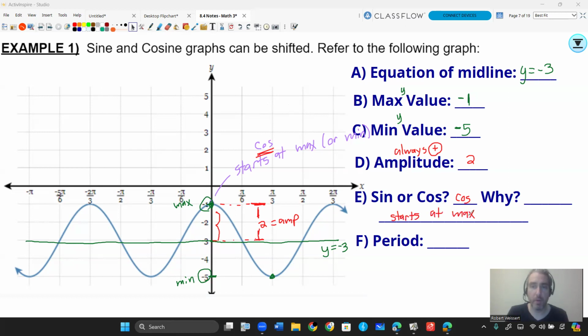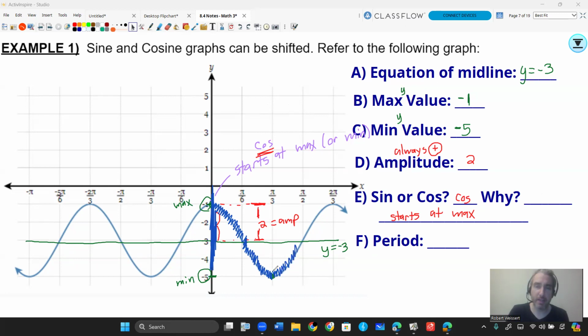Now let's figure out what that period is. So the period can change too. And how that changes is basically what number is going to be multiplied by the x in the function. So we'll put a graph together so you can see. The period is going to be this horizontal distance from the y-axis, from where it starts, until it repeats itself. So if I trace this graph, here I have not repeated myself, but if I keep going, now we're all the way down at the bottom, which means we're halfway there.